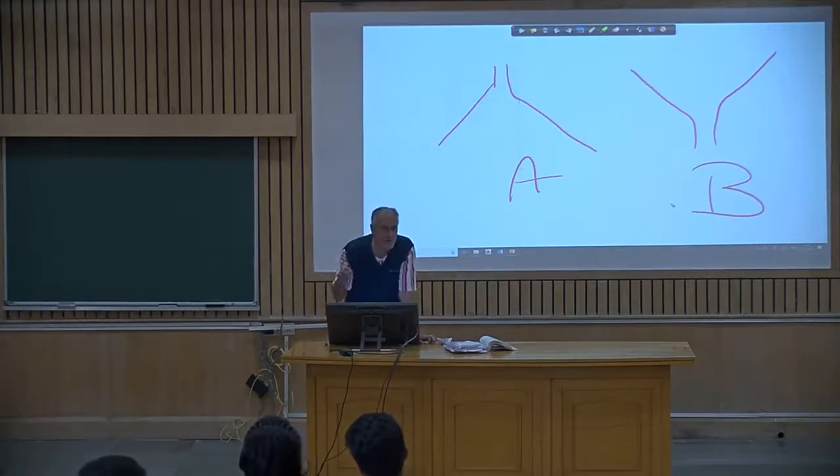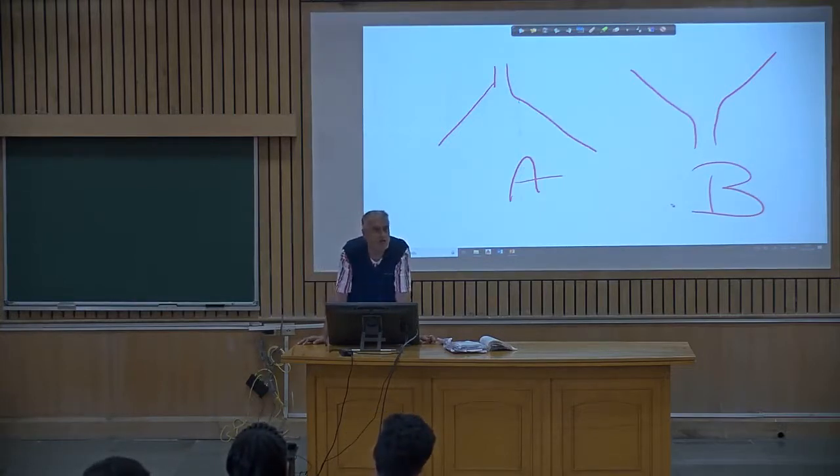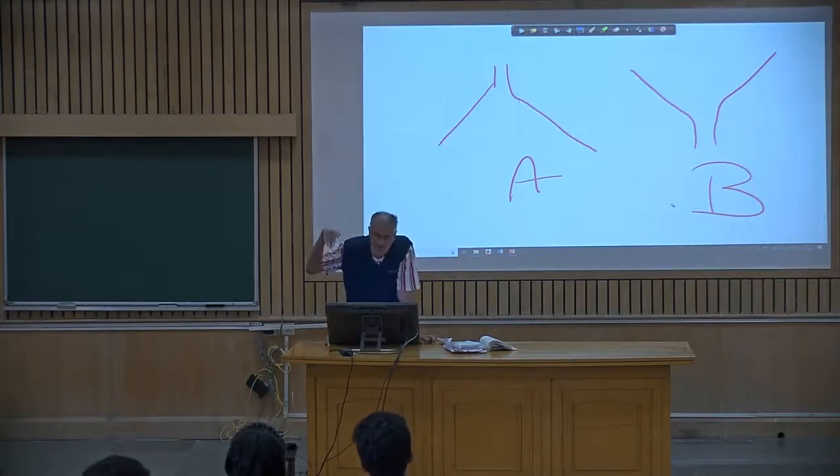Still, at the end of the day, whether you do it naturally or unnaturally, the entropy or the dispersion of the overall system and the surroundings should increase, or it should remain the same. It can never decrease. Clear?